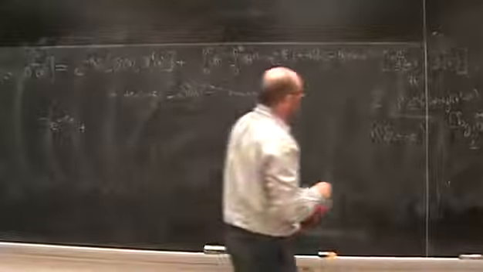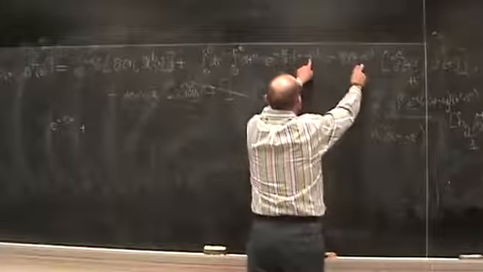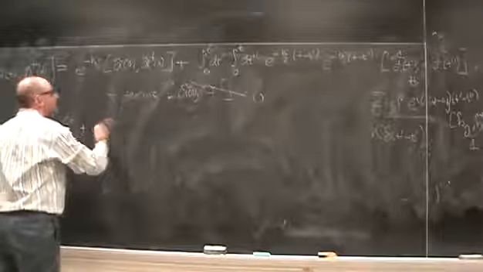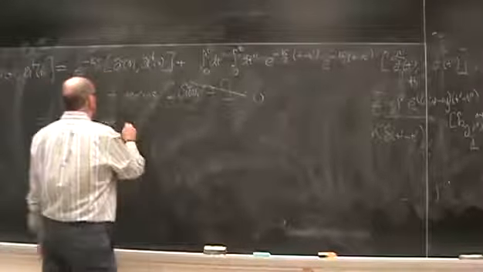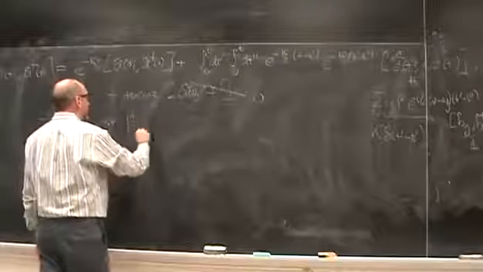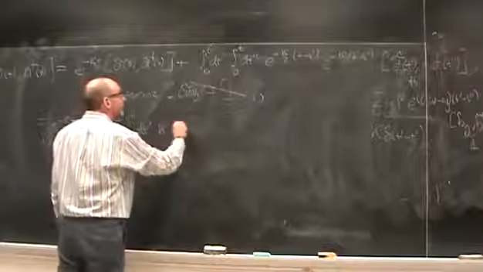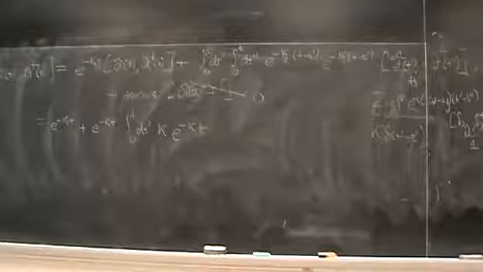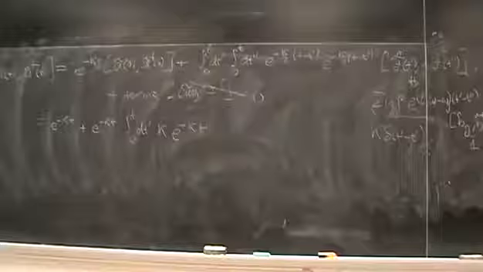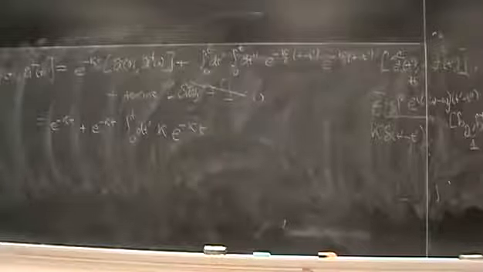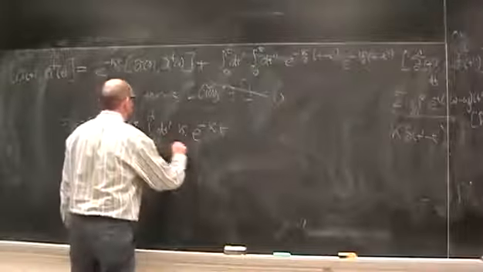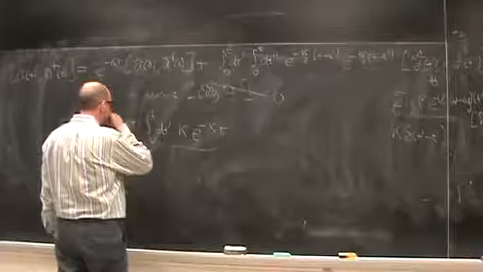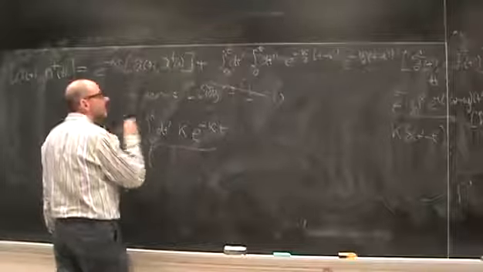The delta function t minus t prime makes these guys equal. I'm going to factor out another e to the kappa t. And I get the integral 0 to t dt prime kappa e to the minus kappa t, which is equal to, that is plus, right?